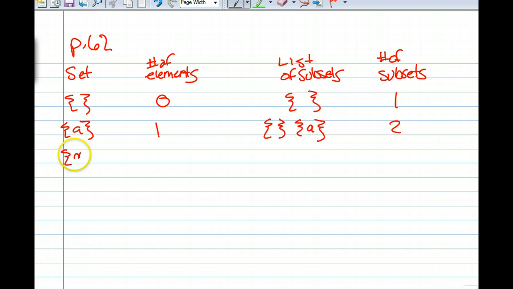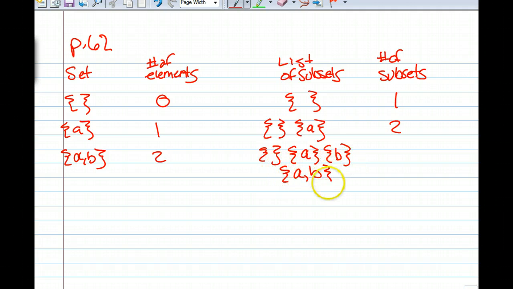If I have the set of A, B, how many elements do I have? 2. And my list of subsets? Empty, A, B, and AB. So how many subsets do I have?